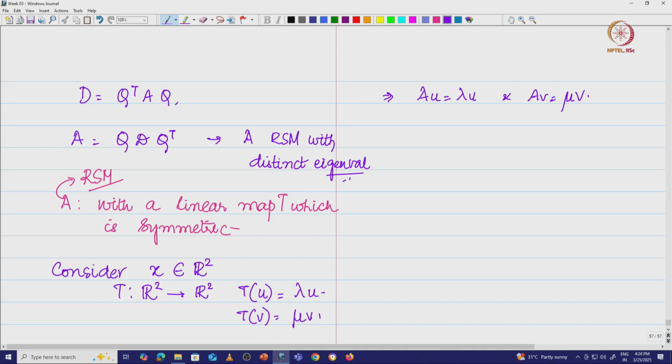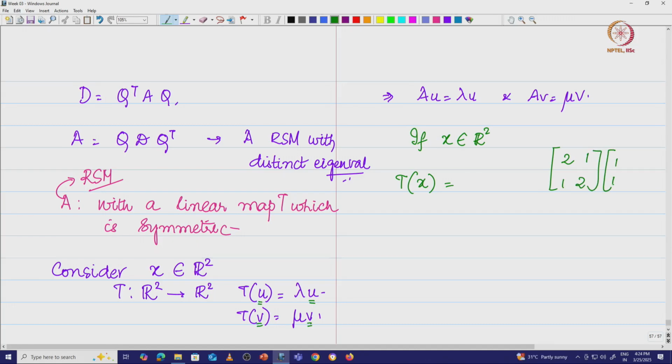Now suppose X is a vector in R2. I want to find out what this transformation is doing to the vector X. I know what the transformation does to the eigenvectors U and V, it just scales them, but for any other vector it need not. For example, take the matrix 2 1 1 2.